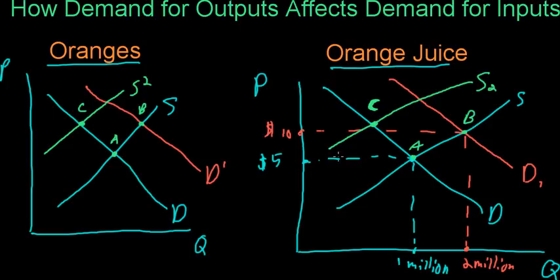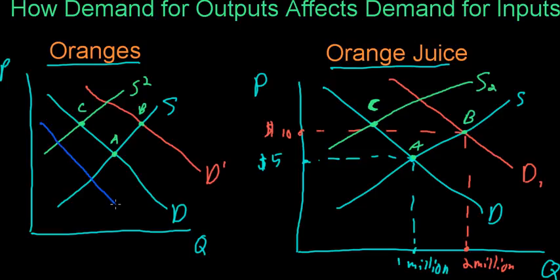And so one more example, let's say that the demand for oranges naturally decreases. So let's say that the demand for oranges naturally decreases from this blue to this dark blue.